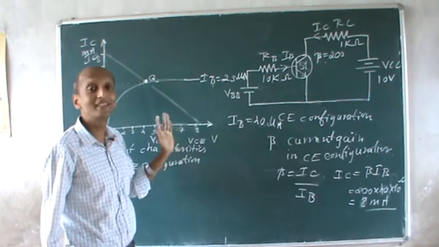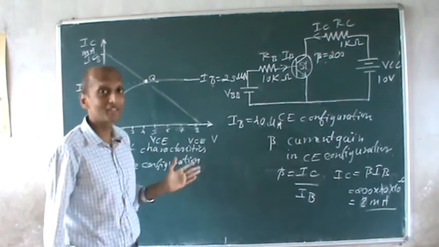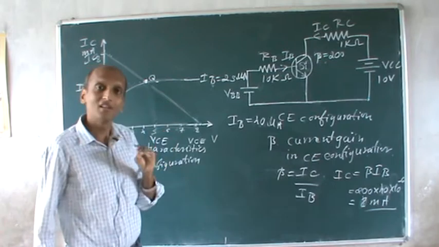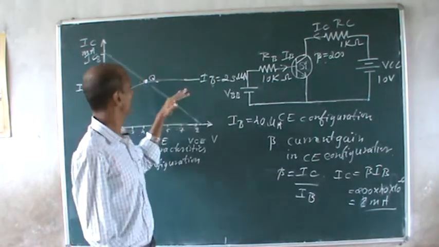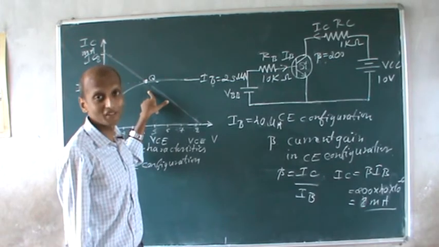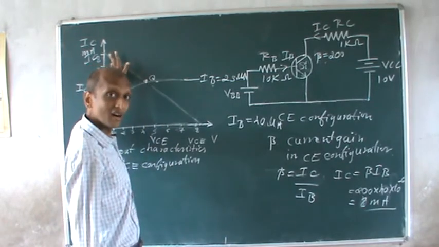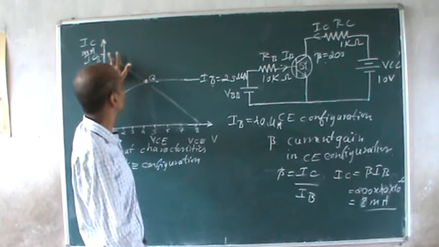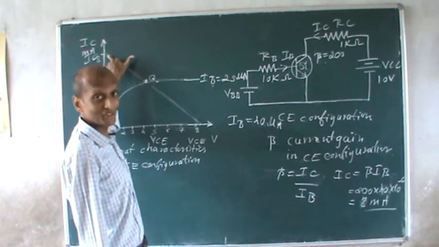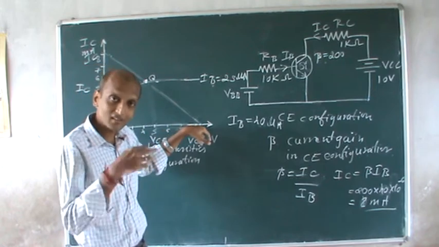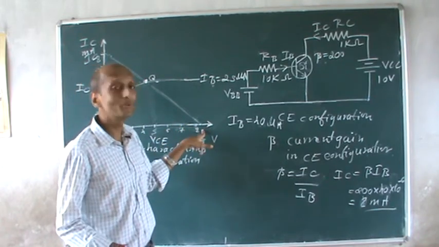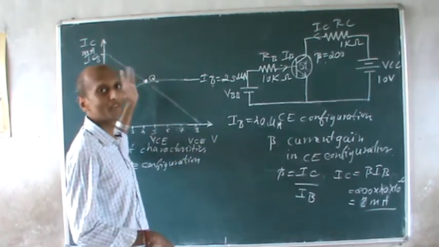Likewise, we can design where the Q point should come. For normal switch working, we do not need the Q point at the center of the load line. For the on switch, I can go for the saturation region, and for the off switch I can go to the cutoff region. So then it will be on and off.